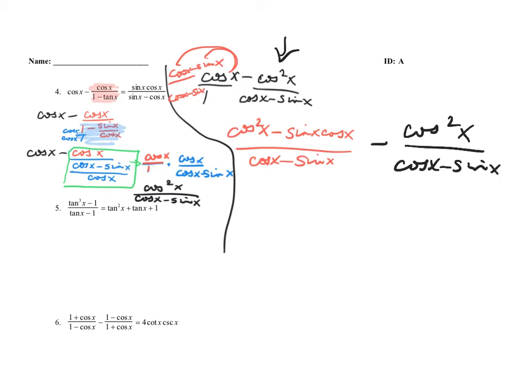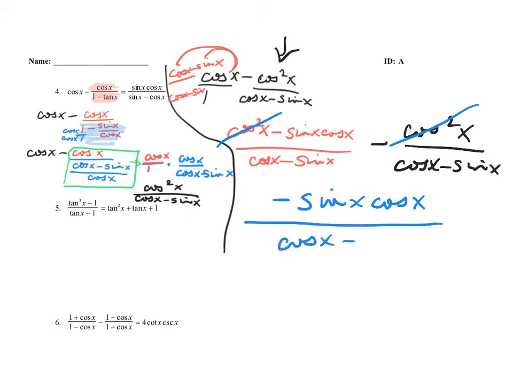So now I can add my numerators. So notice when I add the numerators, these cosines cancel. So now I'm left with negative sine x cosine x over cosine x minus sine x. Notice it looks very similar to what I was asked to find. My signs are just off.